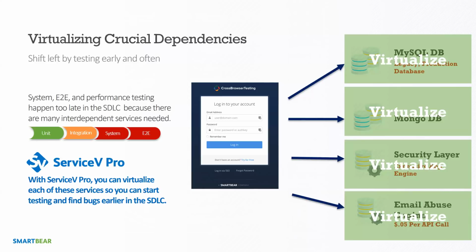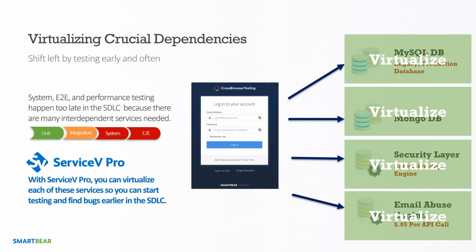So we can virtualize that expensive security layer. We can virtualize that expensive email abuse engine we have and actually test and run through without incurring live costs on our actual production data. Again, huge cost savings when it comes to things like load testing.